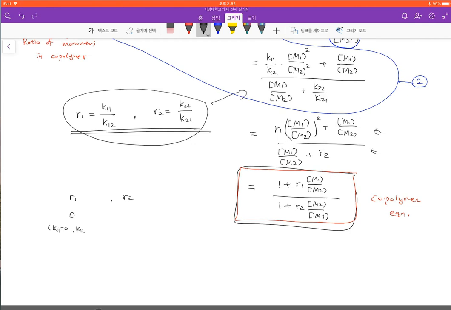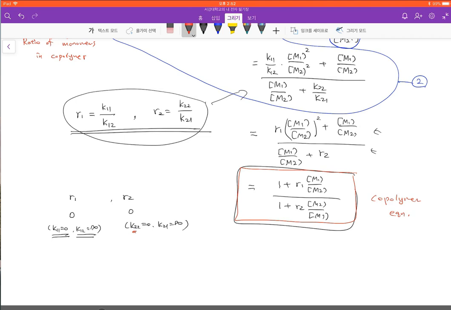Let's say that R1 is 0, which means that K11 is 0 or K12 is infinite, so the M1 radical does not react with another M1 monomer. It only reacts with the M2 monomer, right?